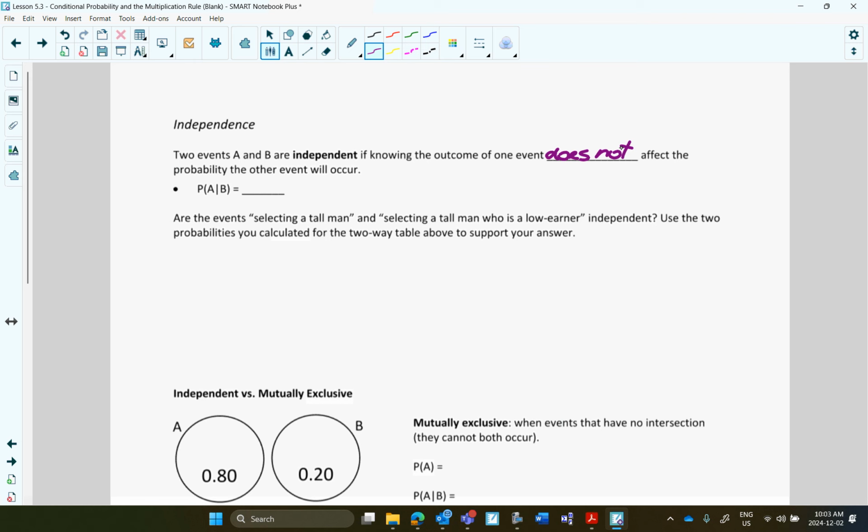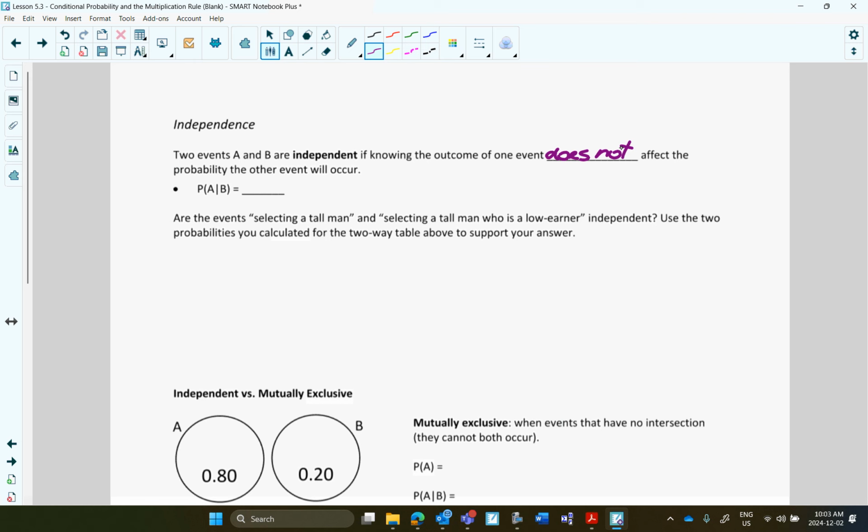What's the probability of getting a red card? How many red cards are left? Exactly. It depends on what that first card was. Was it a red king?